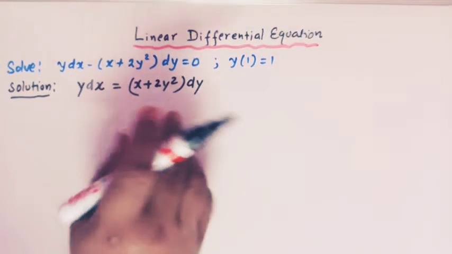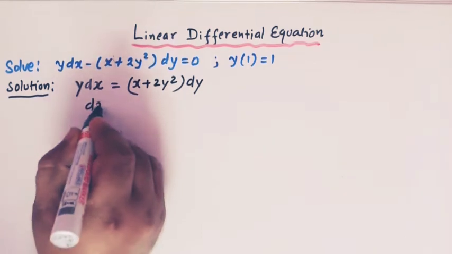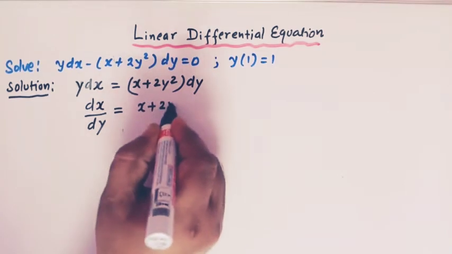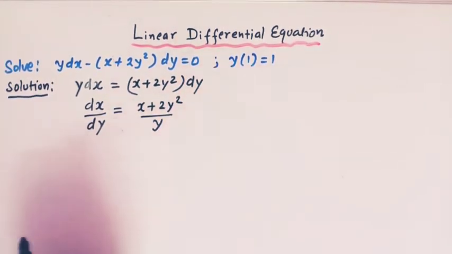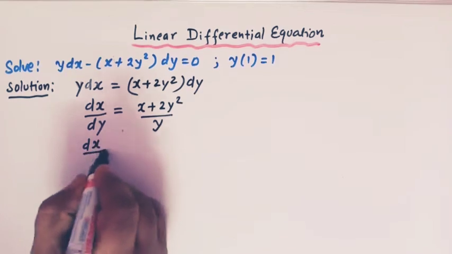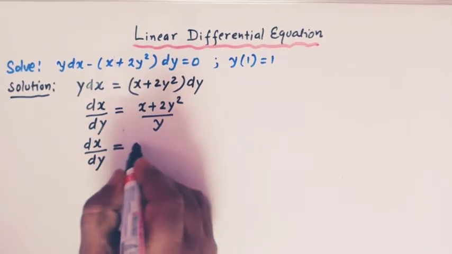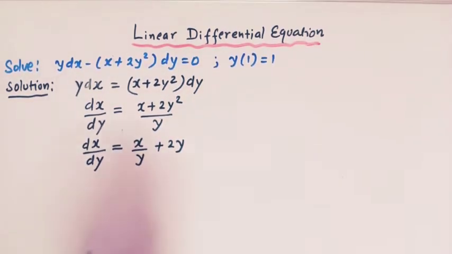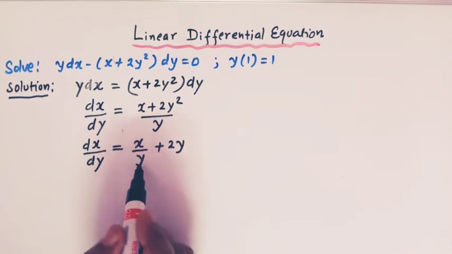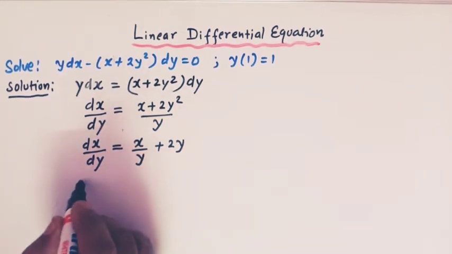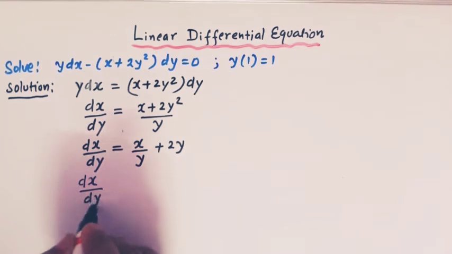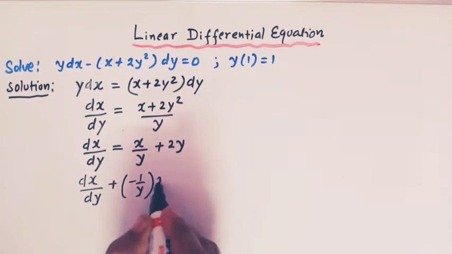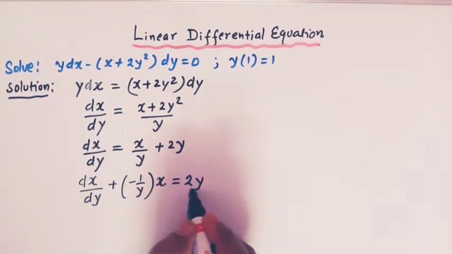Further, dx over dy is equal to (x plus 2y²) over y, which can be written as dx over dy is equal to x over y plus 2y. Now if we take the x over y term to the left hand side, we have dx over dy minus (1 over y) times x is equal to 2y.